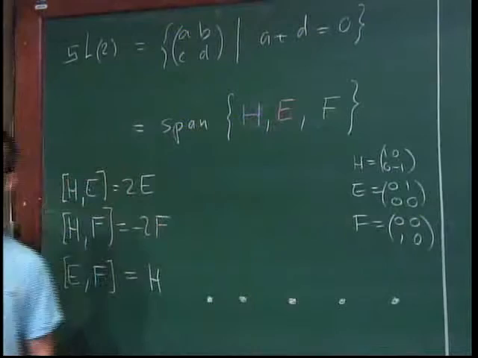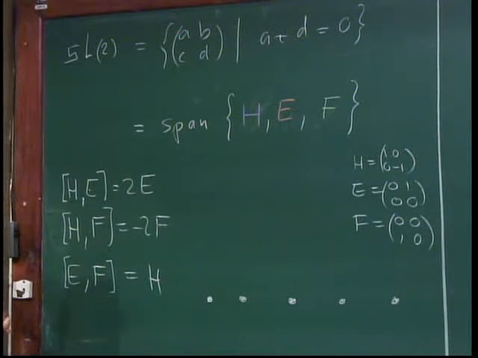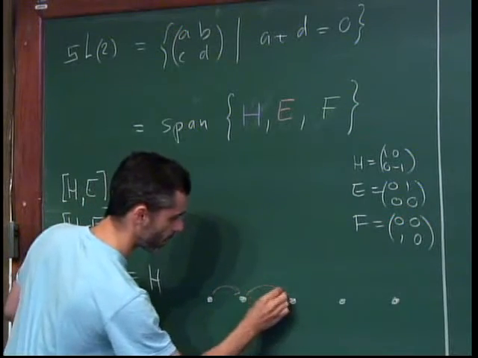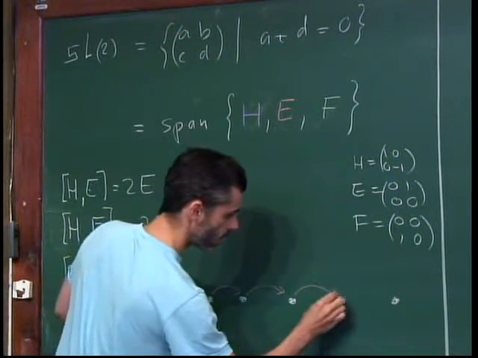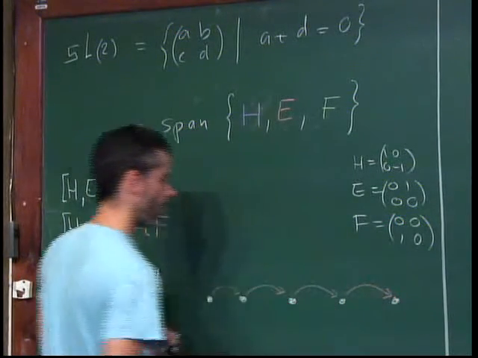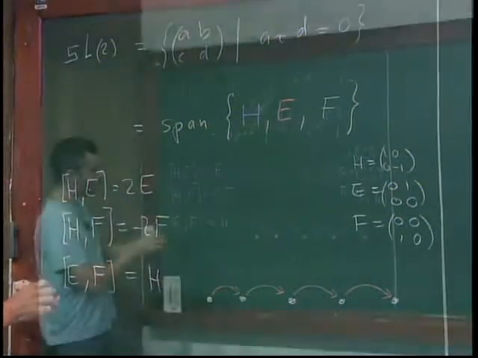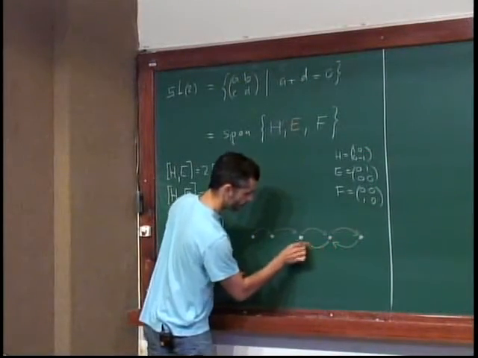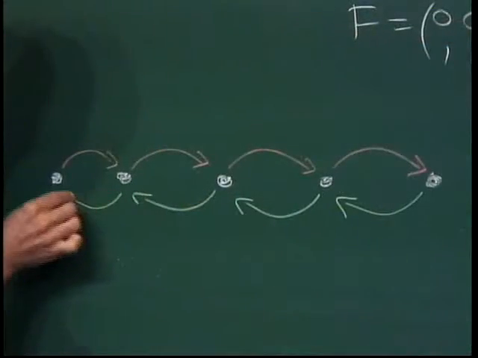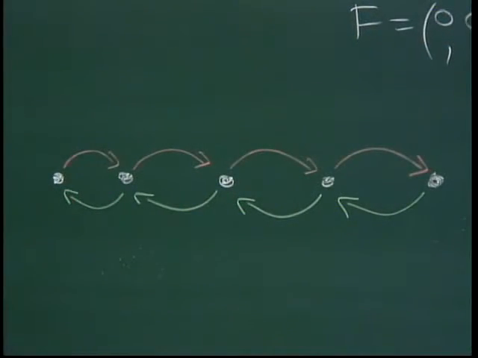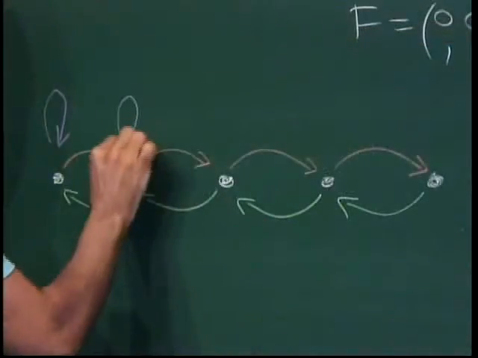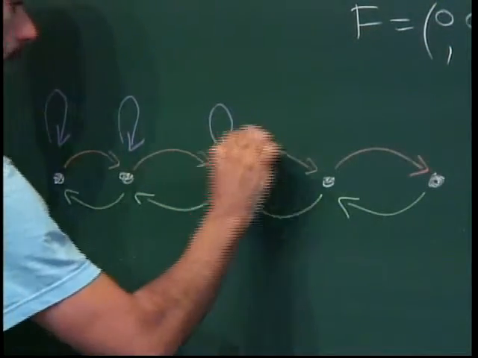Those dots represent basis elements, and this is what E does. E sends this basis element to the next one, and so on, and so on. F does the opposite. And H sends each basis element to itself.